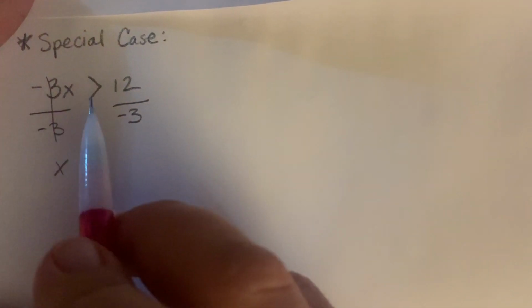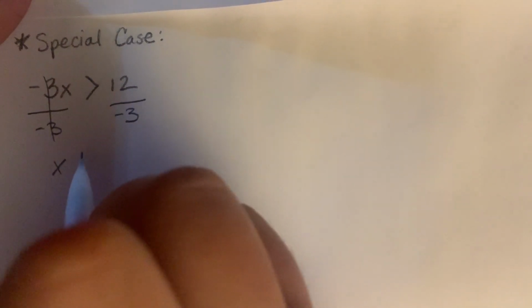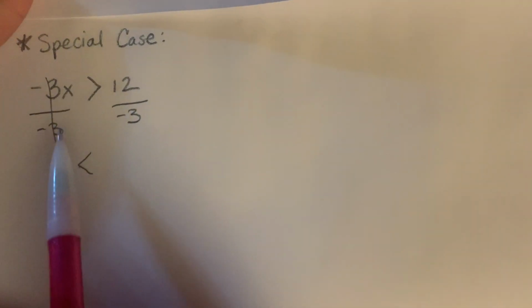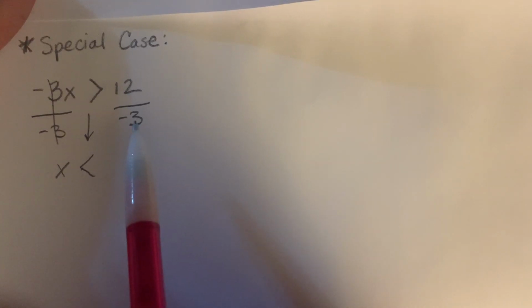What happens is these are going to cancel out and I'll have x, but x isn't going to be greater than the number here. It's actually going to be less than the number. So anytime I divide or multiply by a negative number, I have to flip the sign to the other way around. Because what happens is this was a positive 12, but when I divide it by this -3, it becomes a -4.